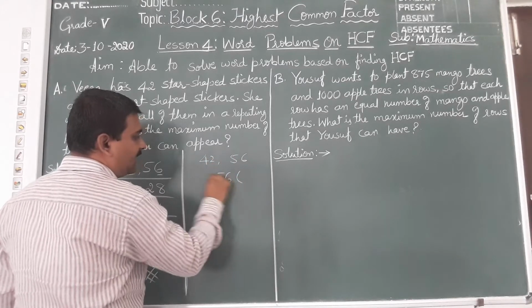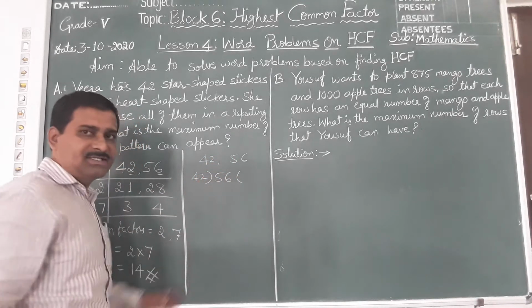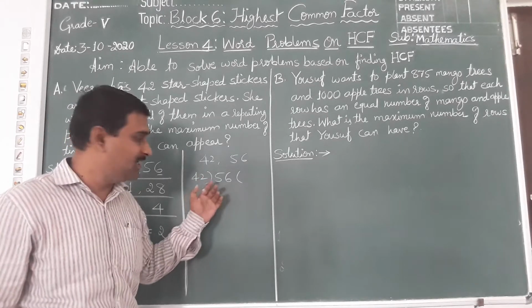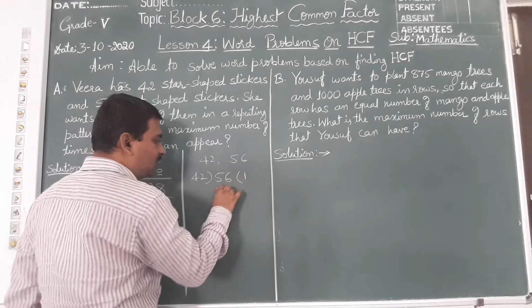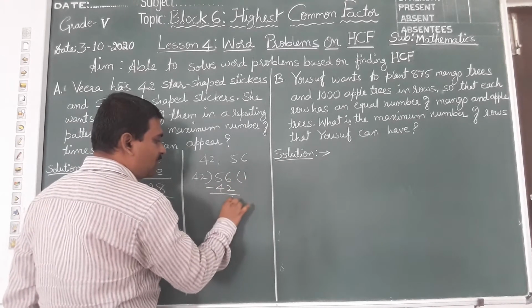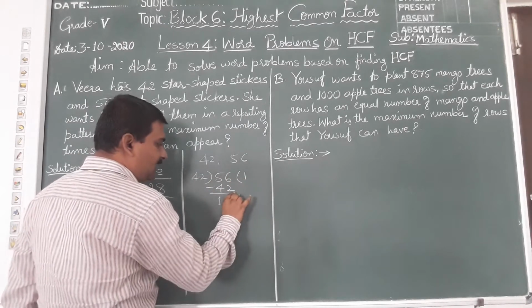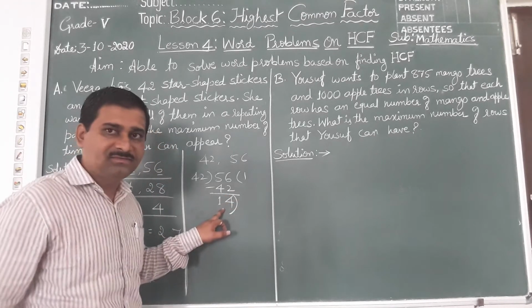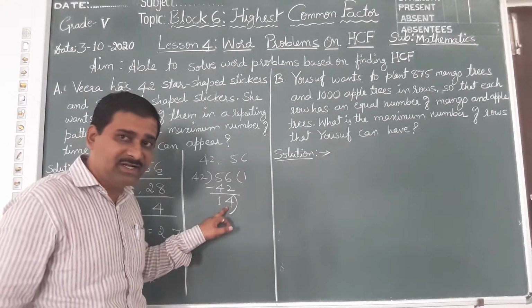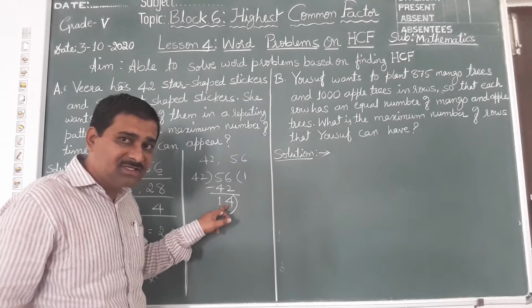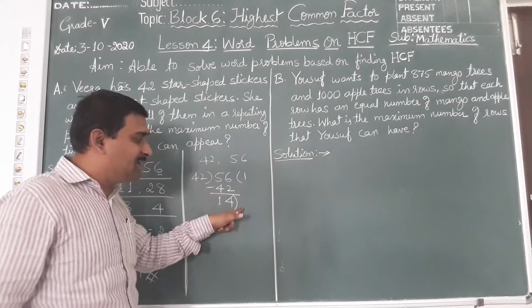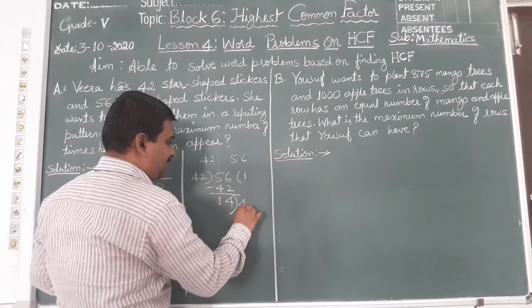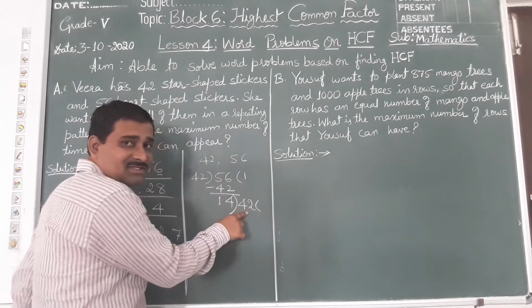Highest number divided by lowest, this is the first step by long division. So 42 ones are 42, 6 minus 2 is 4, 5 minus 4 is 1. This becomes a divisor now. I have explained, the remainder becomes the divisor, and the previous divisor becomes the dividend.